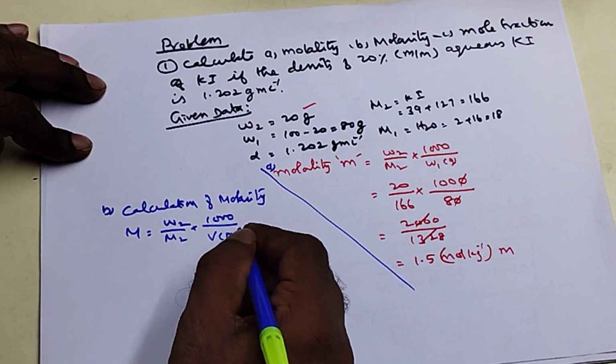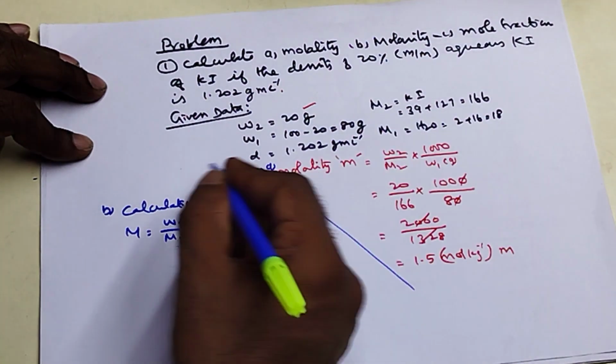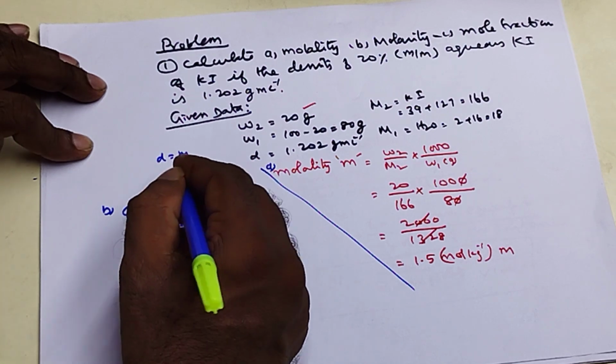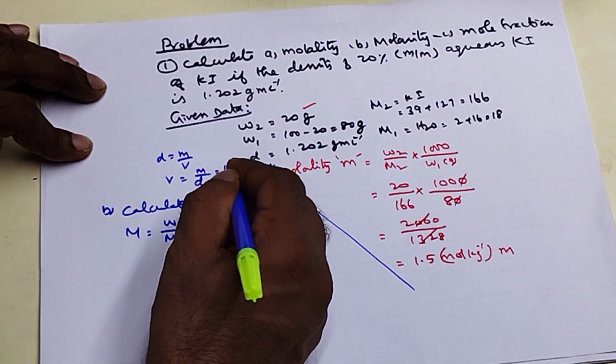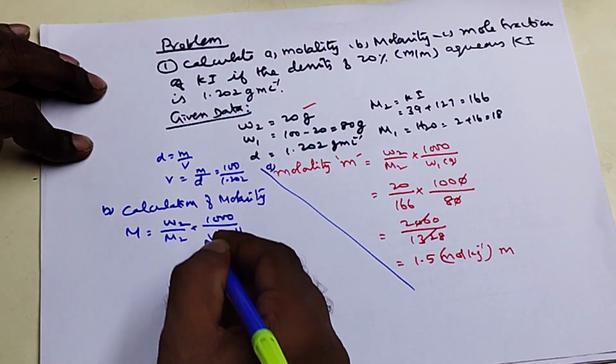This is the formula for calculating molarity. Here V is not given directly, so we want to use a formula. Density is equal to mass by volume. To find the volume, it is mass by density. Mass is 100 and density is given as 1.202. This you have to substitute.